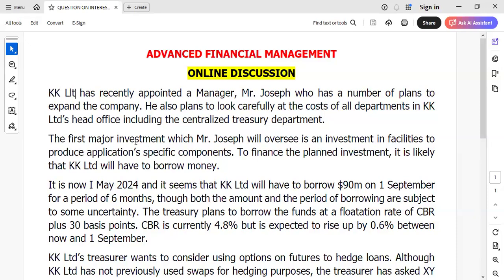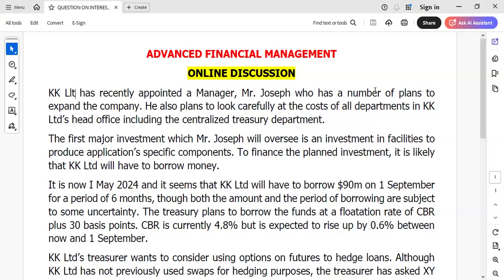The first major investment which Mr. Joseph will oversee is an investment in facilities to produce application-specific components.